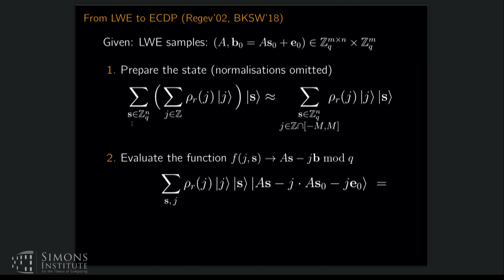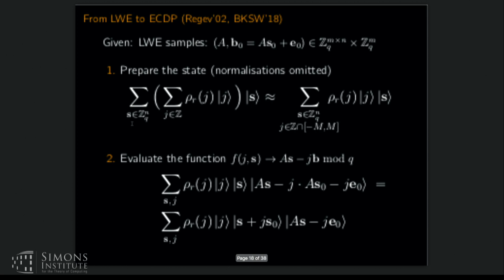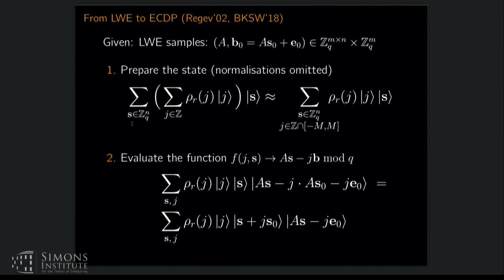Okay, so if you just look at the sum, you will see that this sum, up to permutation of summands, is the same as this one. Now I just combine as J0, I observe that there will be this S plus J0 on this part, and I just rewrite the sum. Or you could say differently, I just put S prime as S plus J0. Clear? This is the same sum.